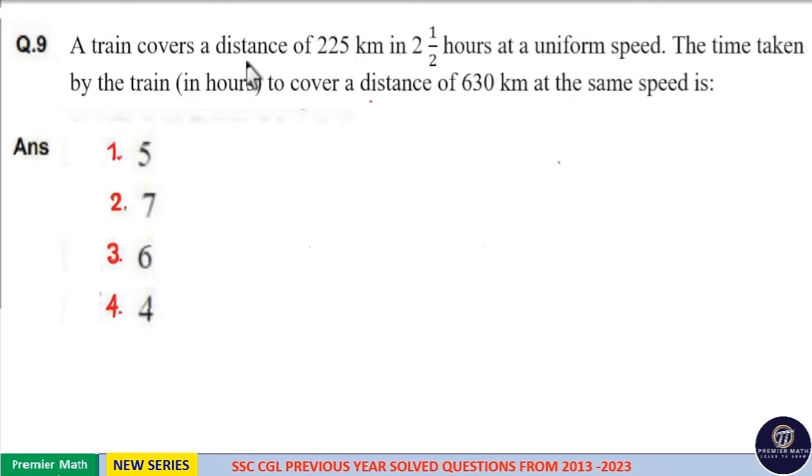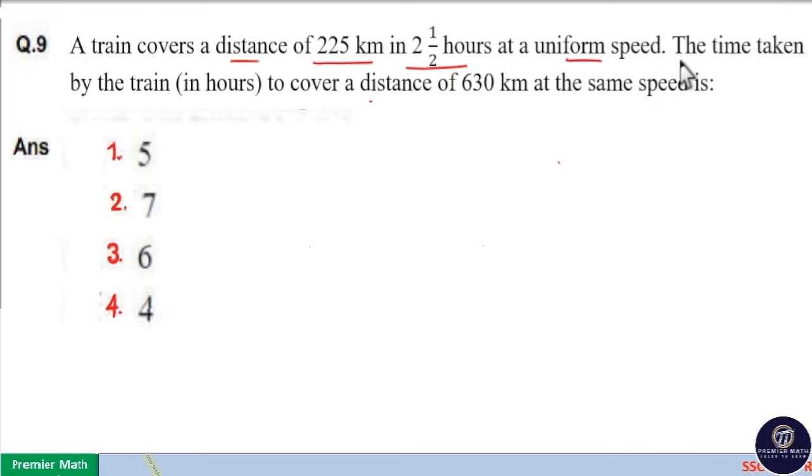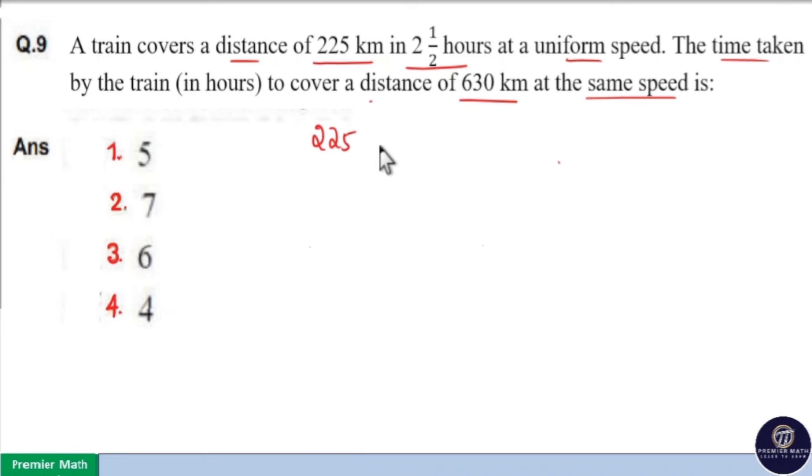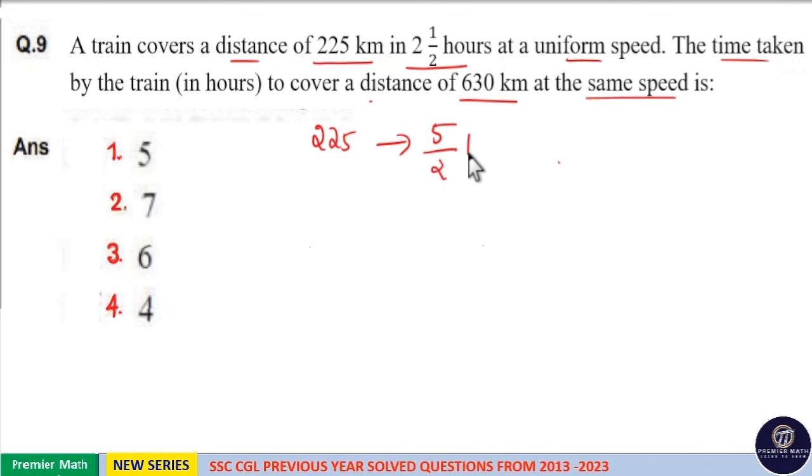A train covers a distance of 225 km in 2.5 hours at a uniform speed. The time taken by the train to cover a distance of 630 km at the same speed is? Here 225 km distance covered in 2.5 hours. 2.5 hours means 2 into 2 plus 1, 5 by 2 hours.